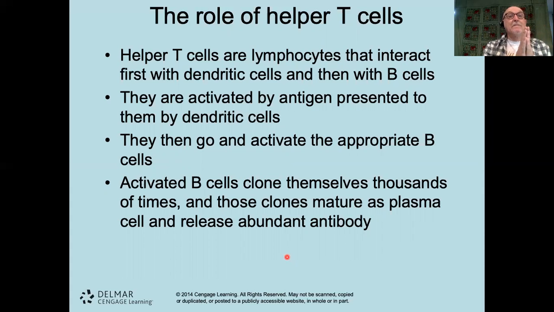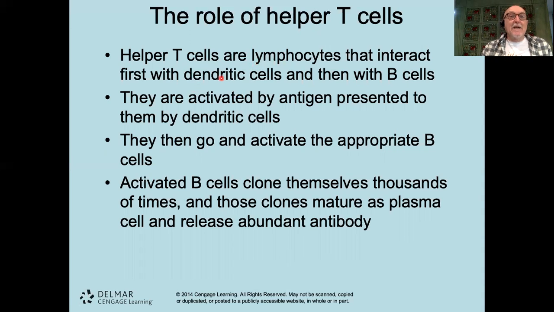And that B cell now clones itself and releases antibody, which is specific to the antigen that was shown to the T cells by the dendritic cells. It's so clever. You don't want to just be producing antibody which reacts with everything. The antibody must react specifically to a specific antigen, and it must only be produced when that antigen is present in the body.